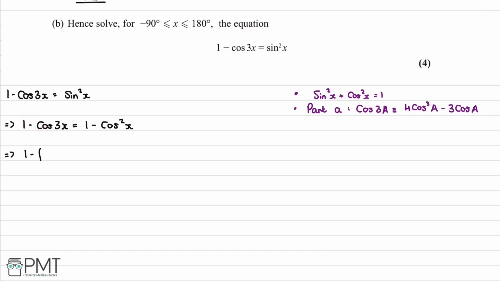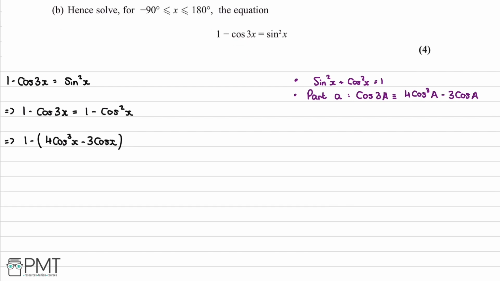We'll put our brackets in there. We'll have 4 cos cubed x, and then we're going to subtract 3 cos x. And we still have that this is going to be equal to 1 minus cos squared x.